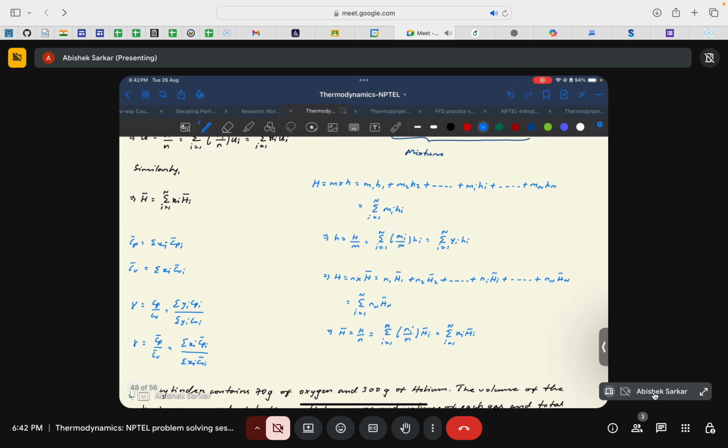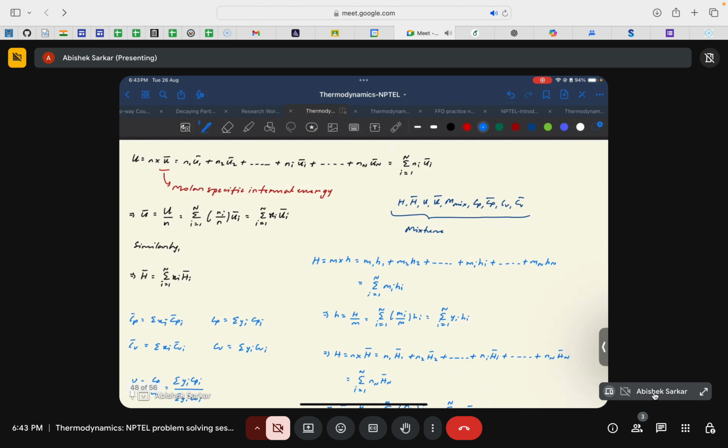And similarly, we can also write the specific heat of the mixture Cp as the summation of Yi Cpi, and Cv is equal to the summation of Yi Cvi. So now we have got all the necessary properties that we need for the mixture.